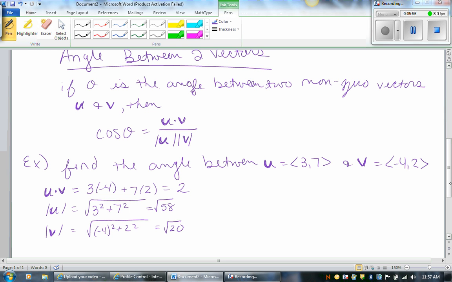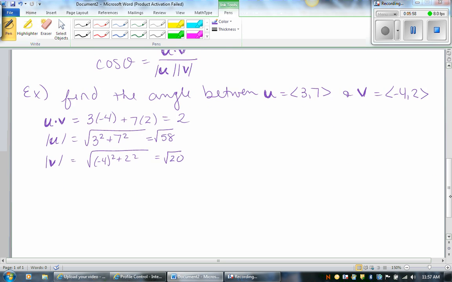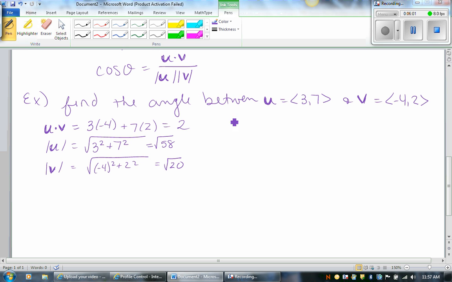Okay. Once we have all that information, we can pretty simply use the formula we were given to find what we're looking for. So we'll say cosine of alpha, we'll use a different variable, is equal to our dot product, which is 2, divided by the product of the magnitudes. Okay.